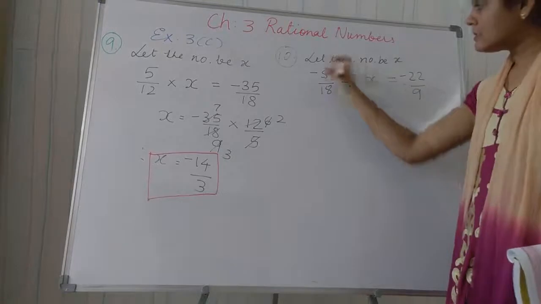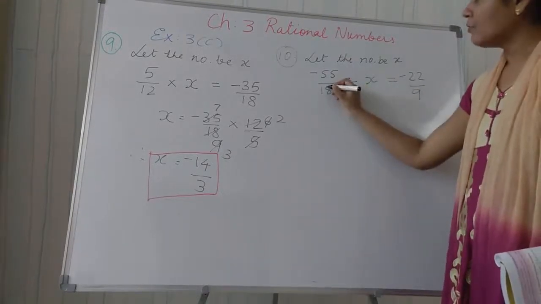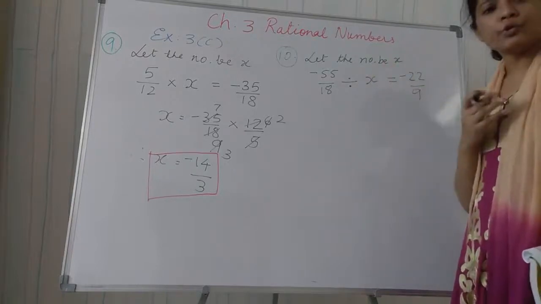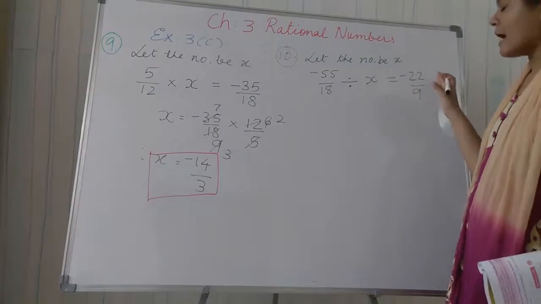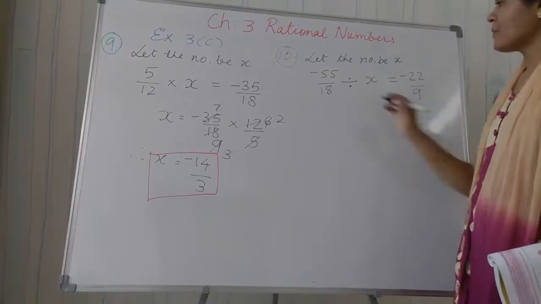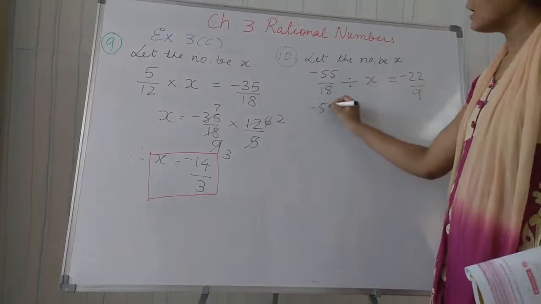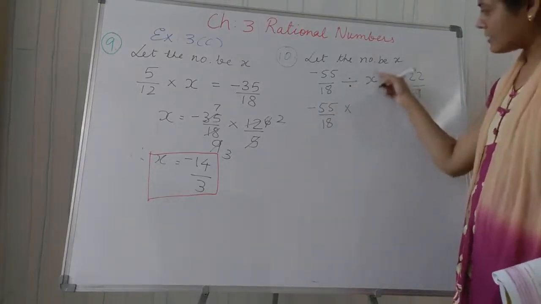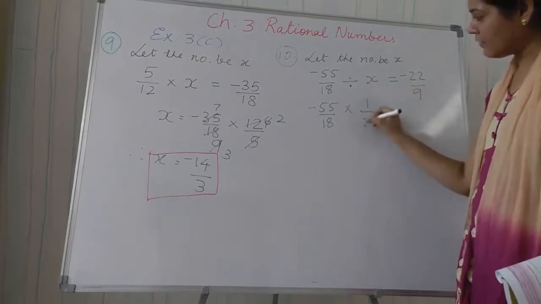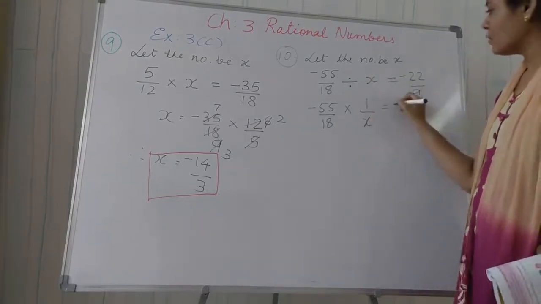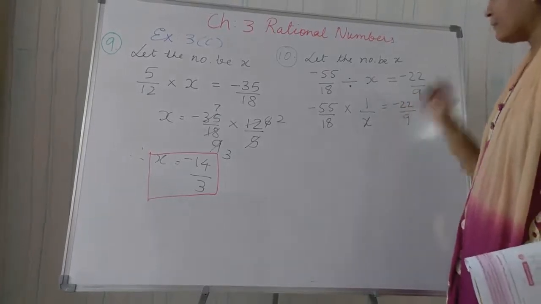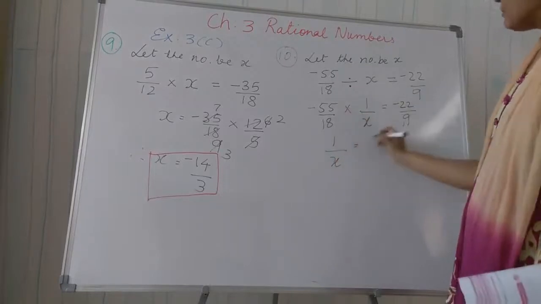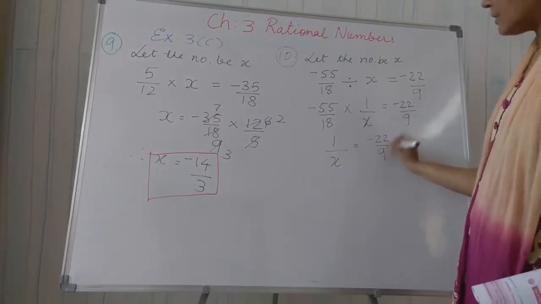So again, this is the number given in the question, and we divide it by the number which we want to find out, so that we get the answer minus 22 by 9. Now to solve this, first of all on the left side, I convert division to multiplication by the reciprocal of x, so that will be 1 by x equals minus 22 by 9. Now this 1 by x I keep here only, and this minus 22 by 9 is also kept here.